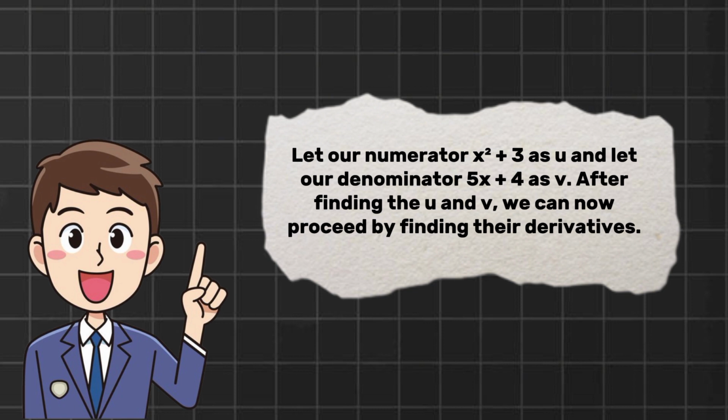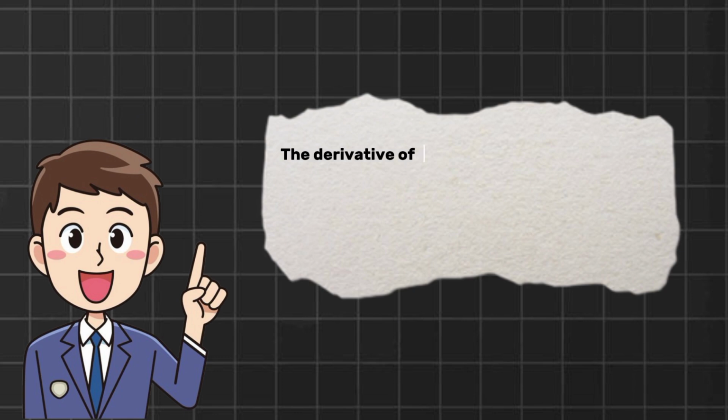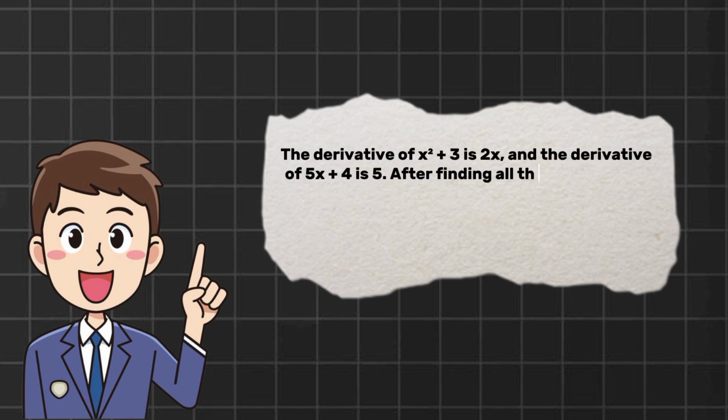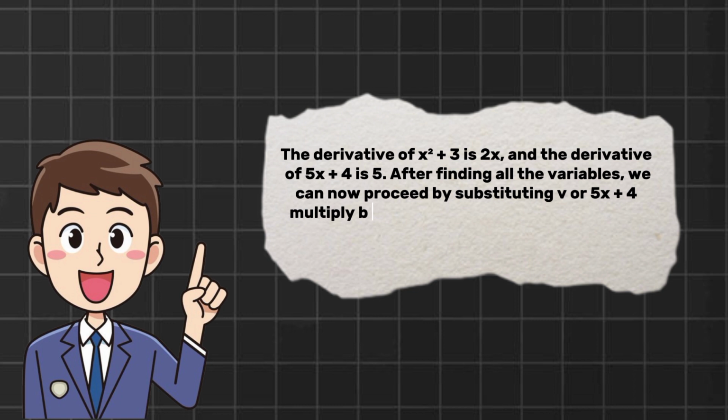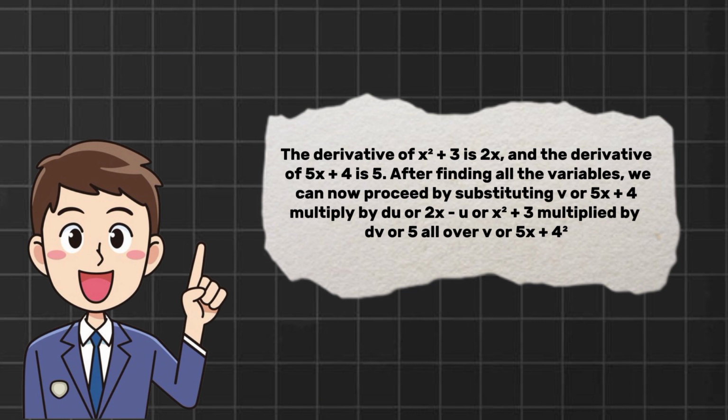After finding u and v, we can now proceed by finding their derivatives. The derivative of x squared plus 3 is 2x and the derivative of 5x plus 4 is 5. After finding all the variables, we can now proceed by substituting. v or 5x plus 4 multiplied by du or 2x minus u or x squared plus 3 multiplied by dv or 5 all over v or 5x plus 4 squared.